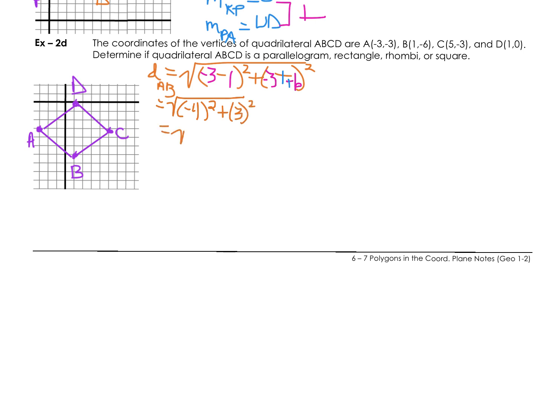So that gives me 16 plus 9, which is equal to the square root of 25, which is a perfect square, 5. So from A to B, I'm going to put a 5 in there. All right, next I'm going to go from B to C. So the distance from B to C.